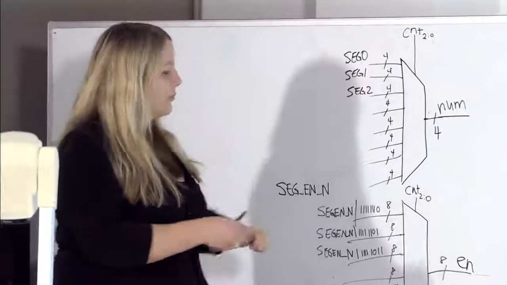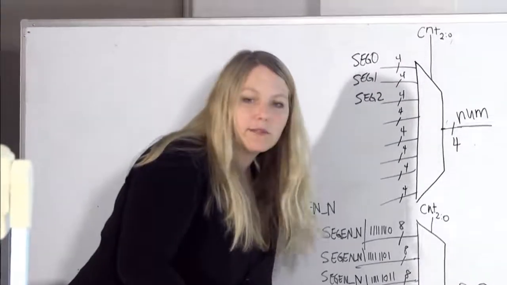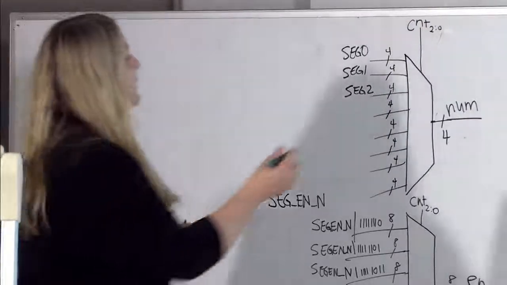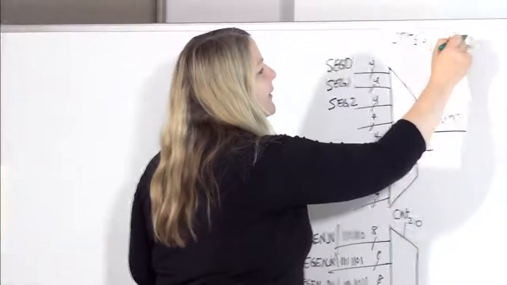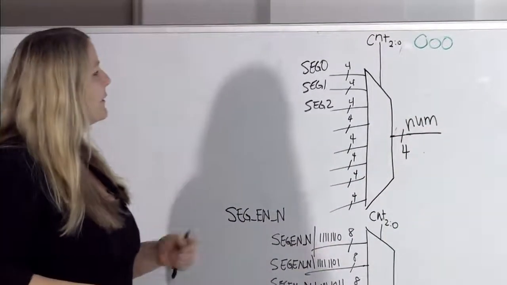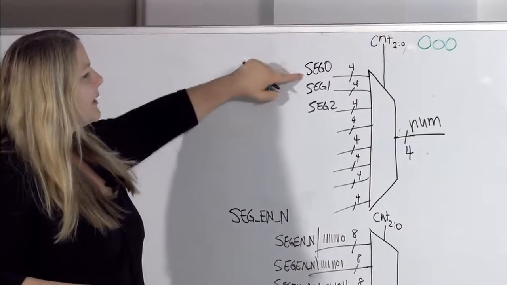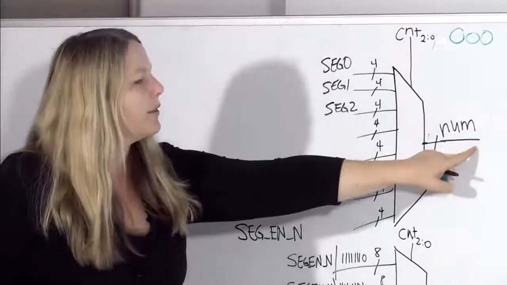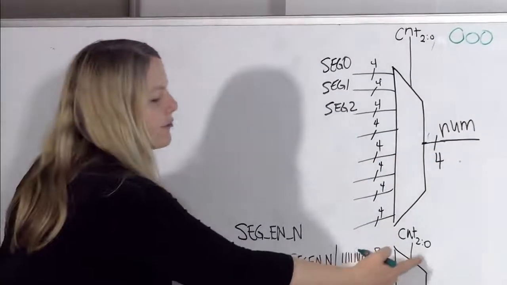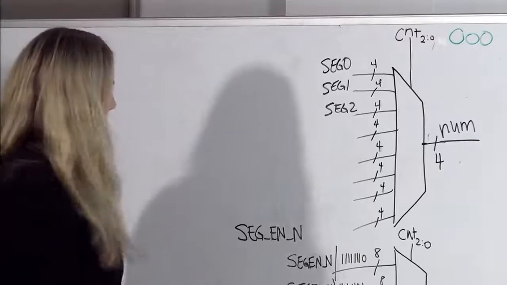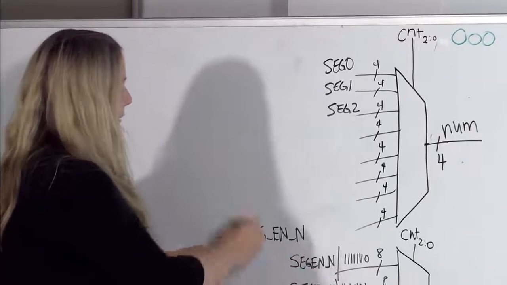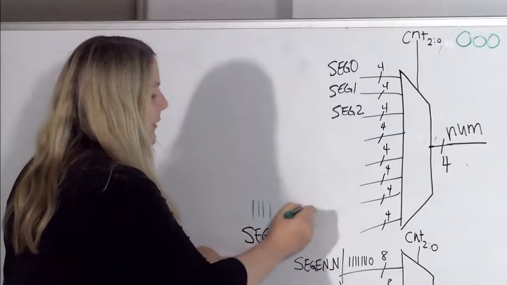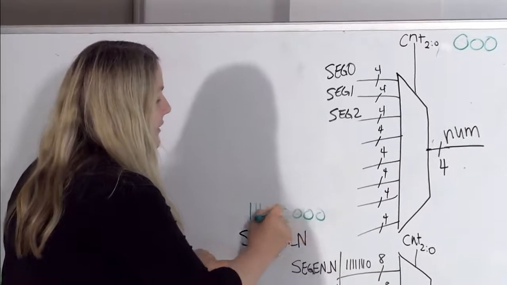So this count will then cycle through from, let's use a different color here, so we'll start at 0. At time t equals 0, this will select the seg 0 number, output that of this multiplexer. This is also driven by this 3-bit counter. We have seg enable n. So let's say we want to enable just the least significant 4 digits.